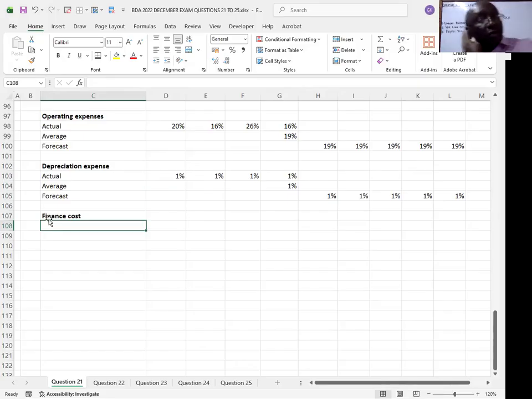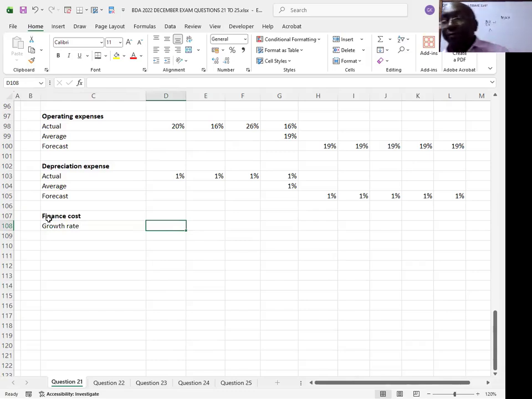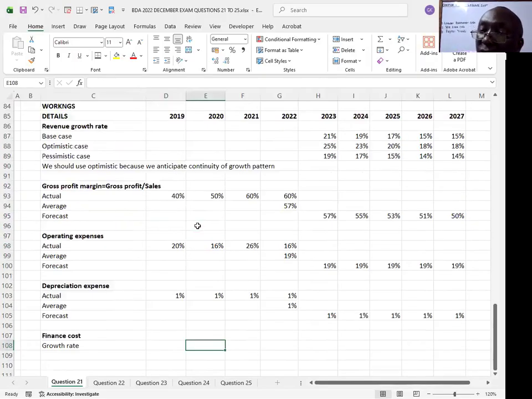So tukuje hapa tuandike finance costs. Let's just call it growth rate. And this one, we can only start from the year 2020.